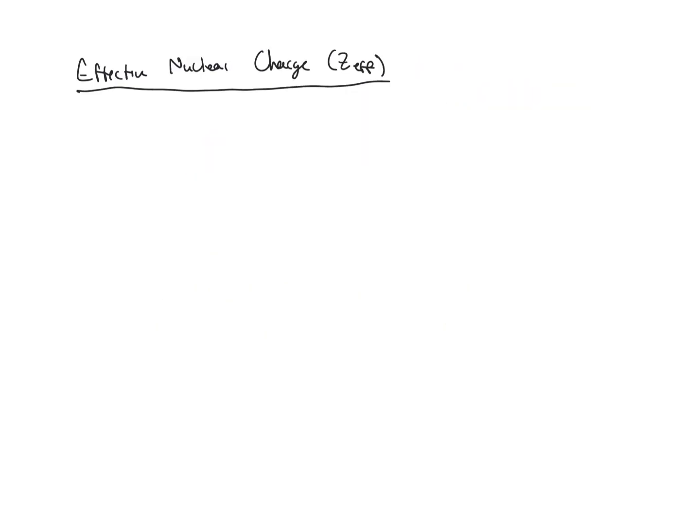Now, something on that last worksheet that I handed you that you may have seen was something called Zeff, or Z effective, also known as the effective nuclear charge. It's the charge acting on the outside electrons.